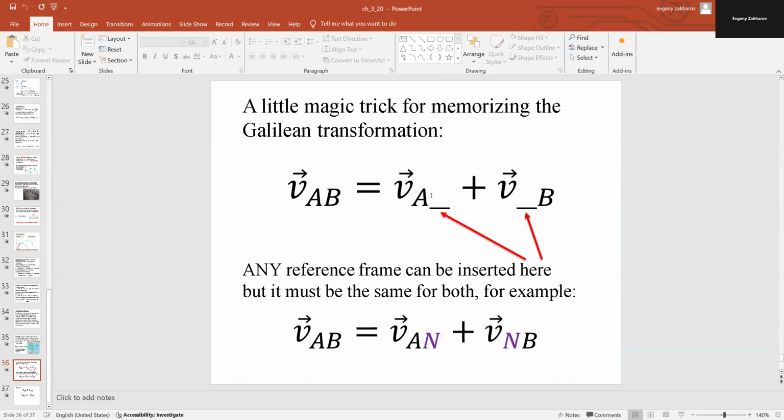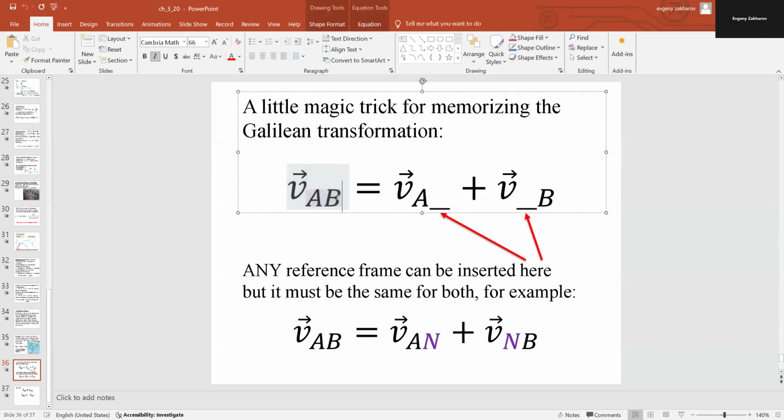And then there is a blank spot for something else. And then the second subscript, you put on the last spot. And there's still a blank space for the third component for the transformation.